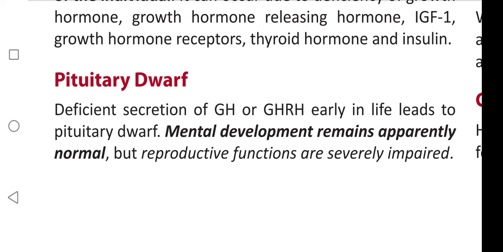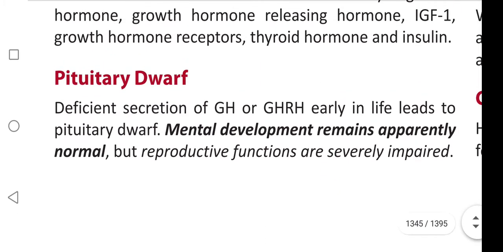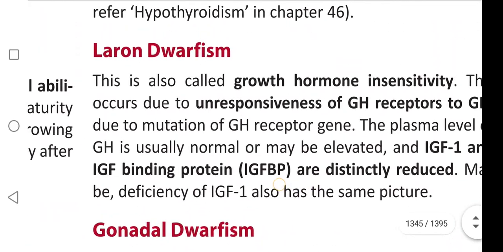Coming to pituitary dwarf, the deficient secretion of growth hormone and growth hormone releasing hormone early in life leads to pituitary dwarf. Mental development remains apparently normal, but reproductive functions are severely impaired.